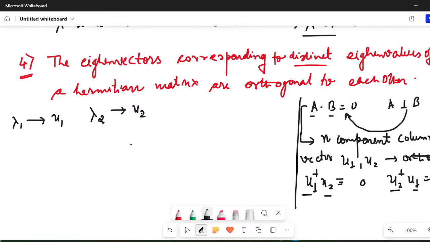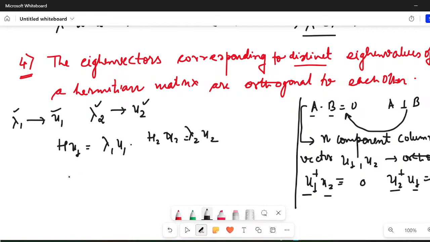So this is your eigenvalue, this is your eigenvector, this is your eigenvalue, and this is your eigenvector. And I know that H u1 would be lambda 1 u1, and H u2 would be simply lambda 2 u2.